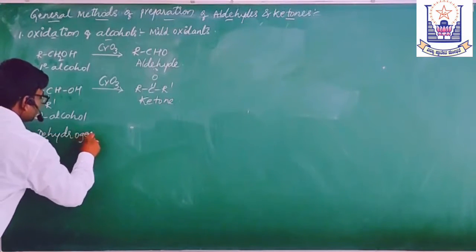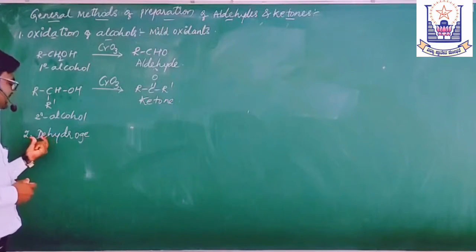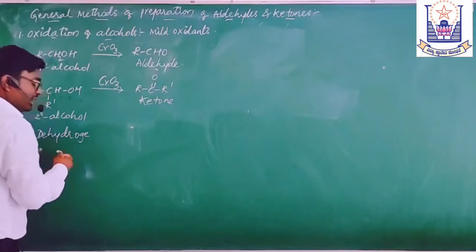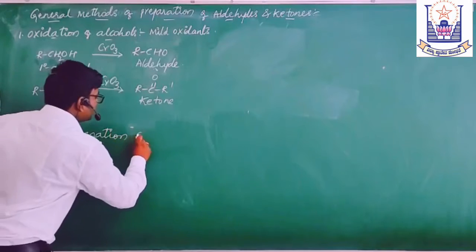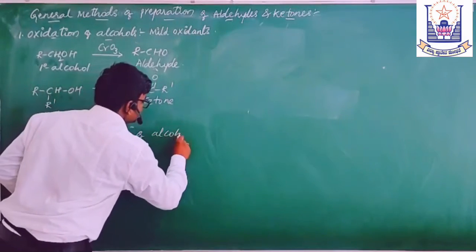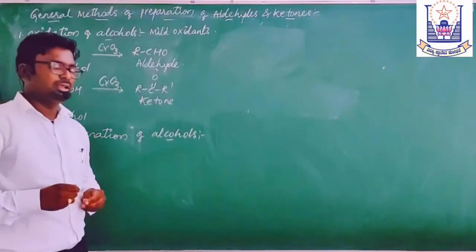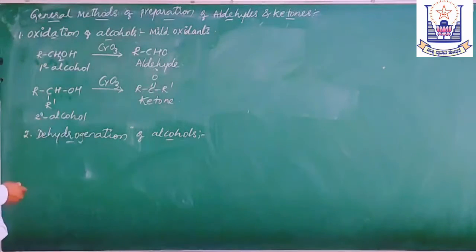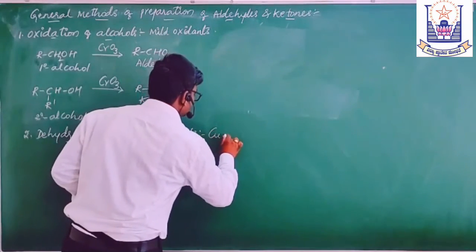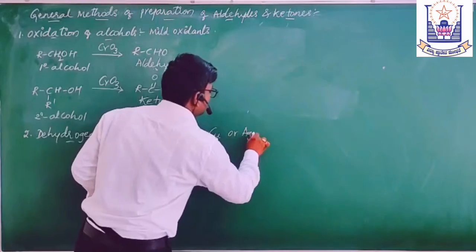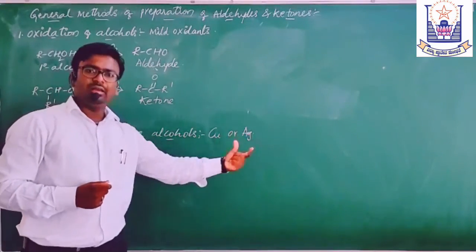Dehydrogenation is also the removal of hydrogens: D stands for removal, hydrogenation refers to hydrogens. Let's take the same equation. The dehydrogenation of alcohols can be done using either copper or silver metals.